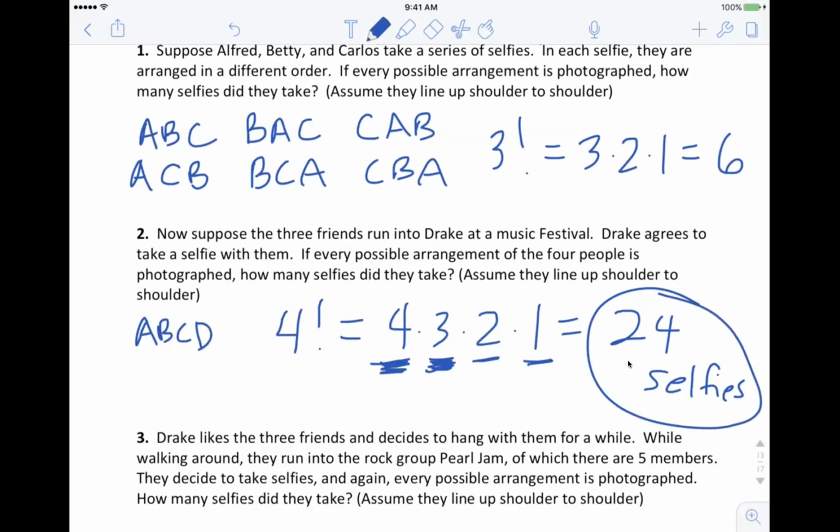And then I continue in that manner. Once those 2 are fixed, now for this spot here, I only got 2 people. And then finally for that spot there, there's only 1 person left. Okay, so that's where the formula comes from. That's the intuitive approach. You could just blindly use the formula, or you can do why the formula exists and count it out that way.